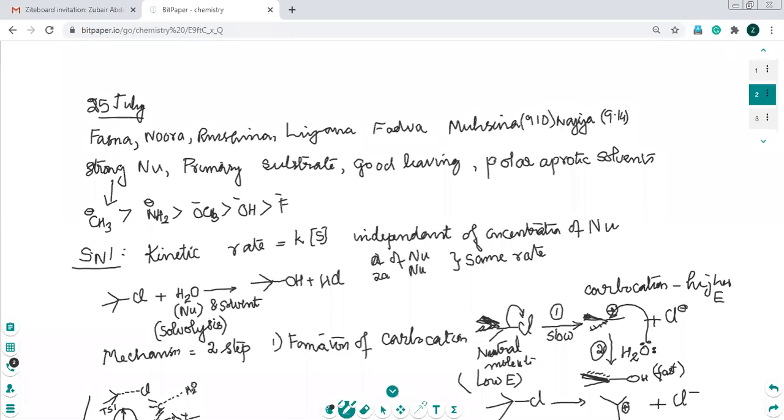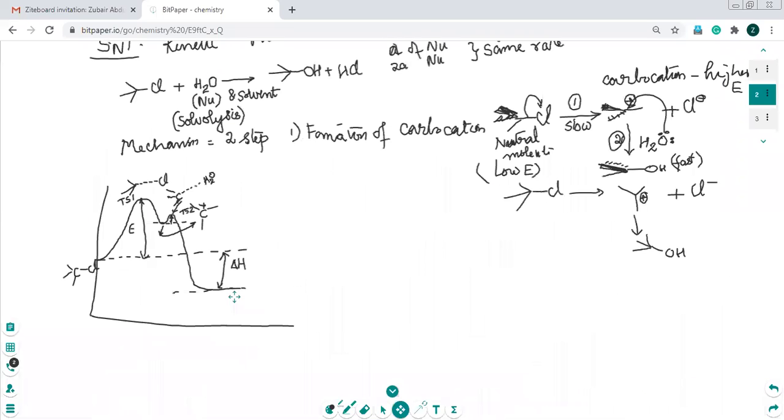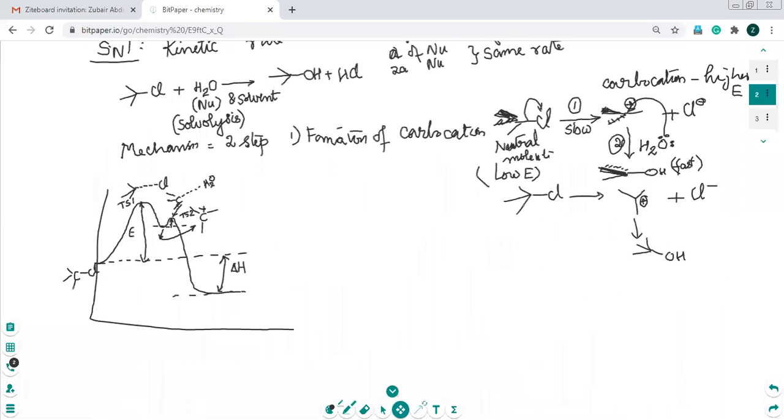Okay, now, all right. Okay, so now let us look at the stereochemistry of this.